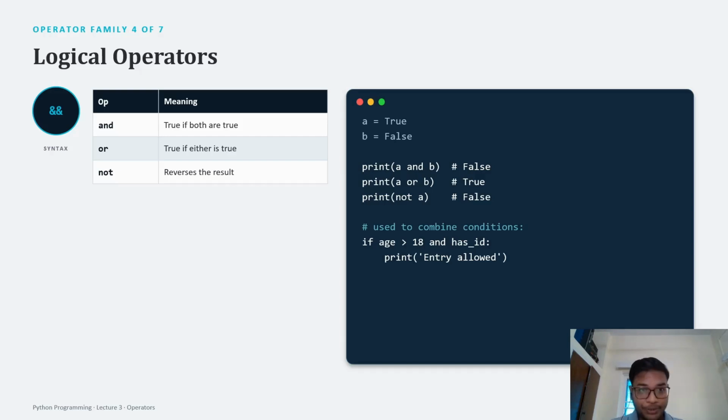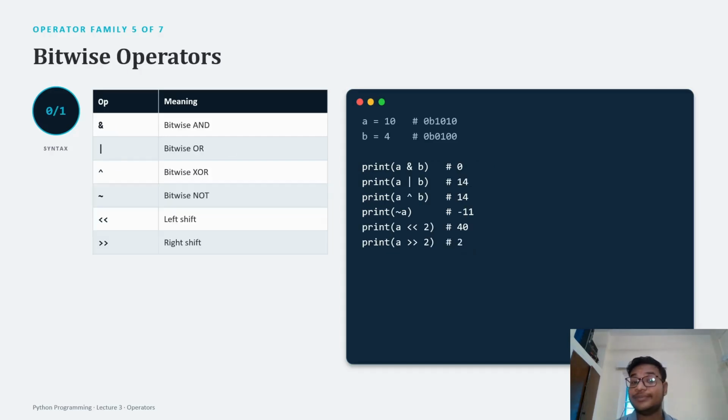Next operator, that is the bitwise operator. This operator is one of the most important operators in our operator family. This is very, very important. So please focus on this operator.